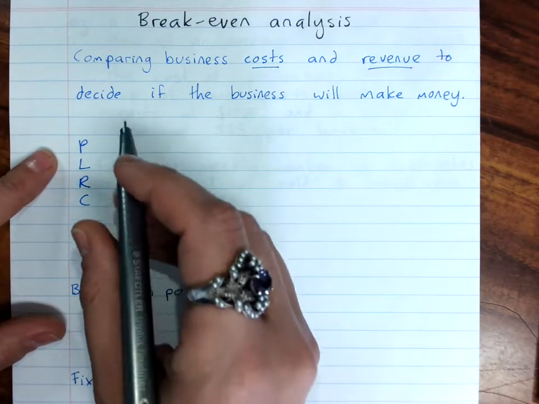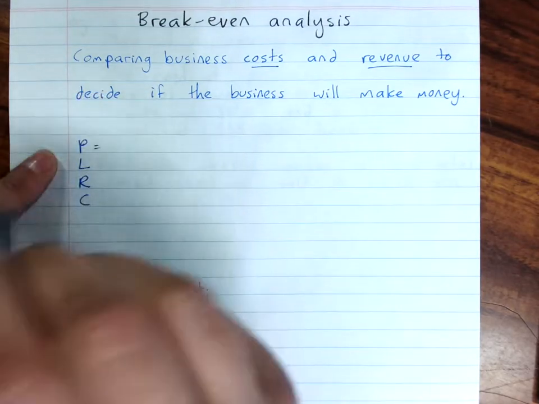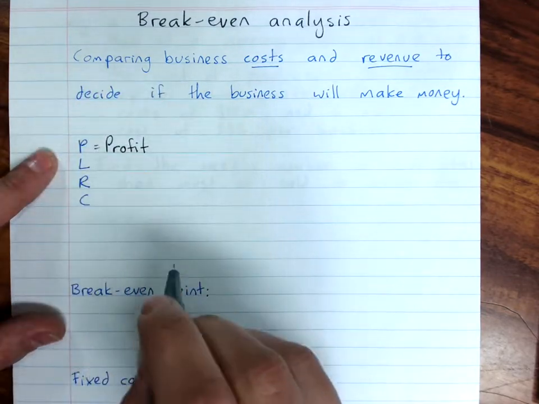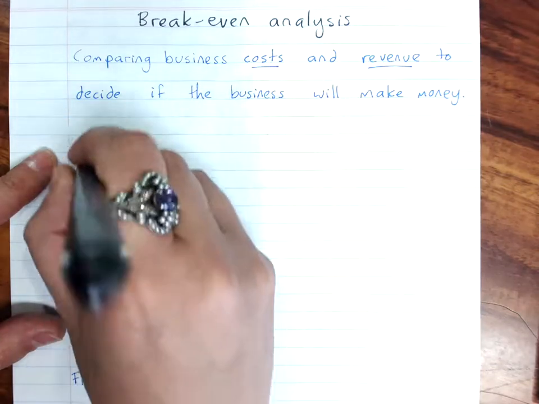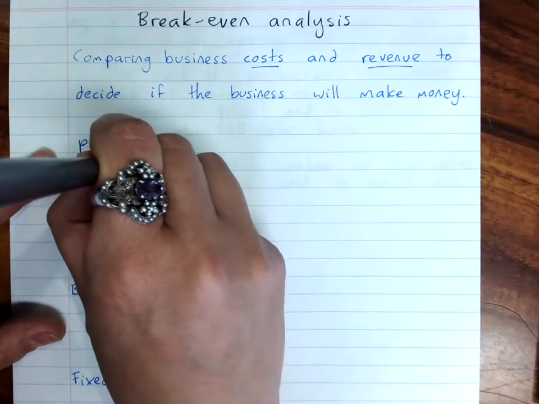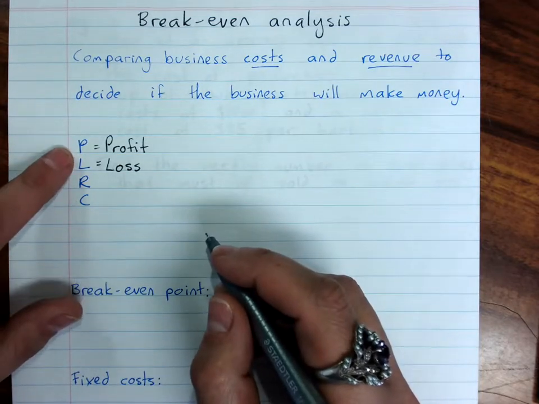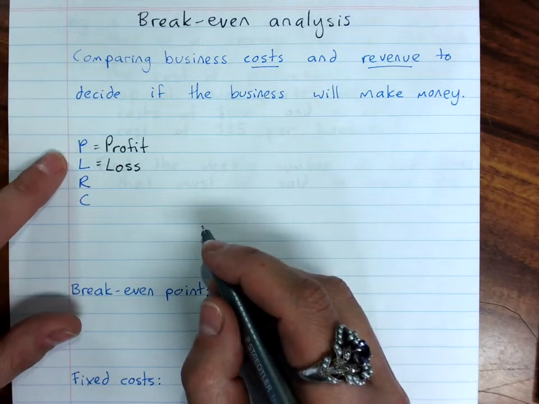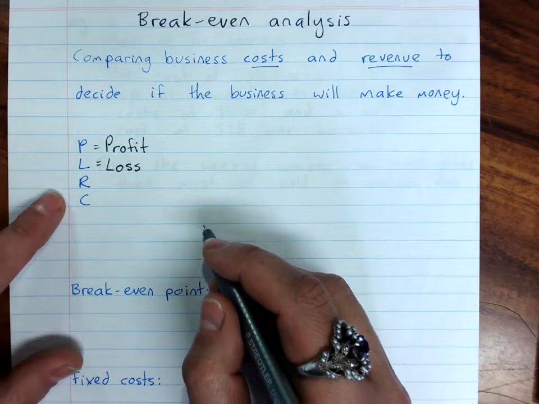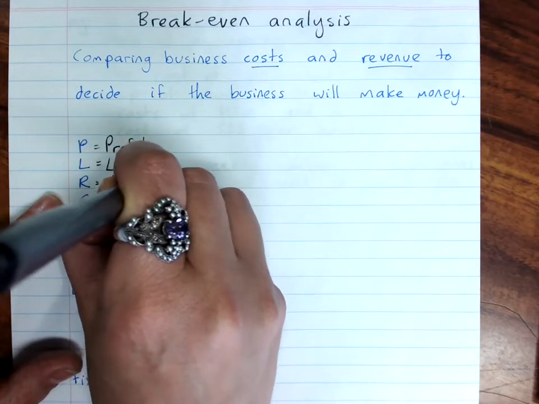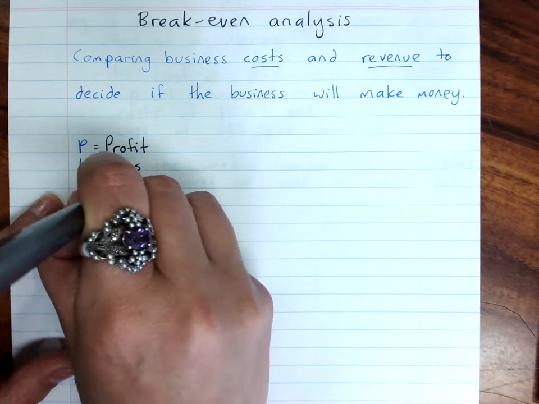The terms we need are P for our formulas, which is of course our profit. L is loss. You really prefer not to make a loss. And profit and loss depend on which is bigger out of your revenue or your costs.